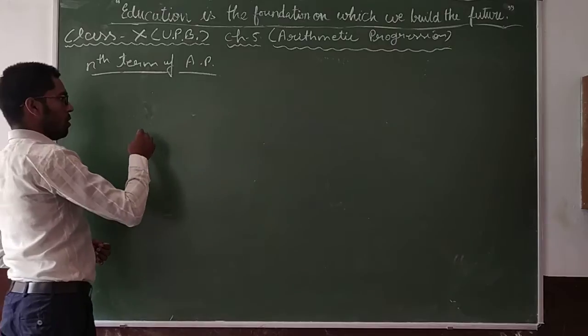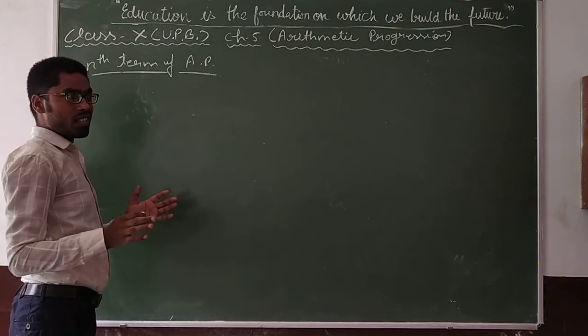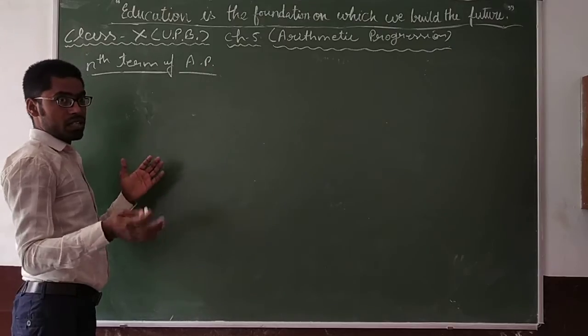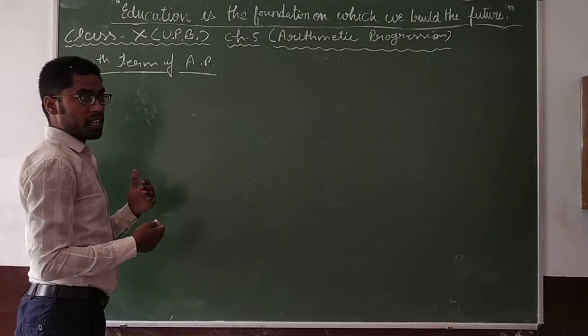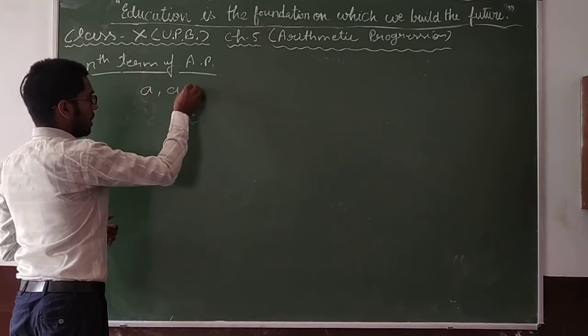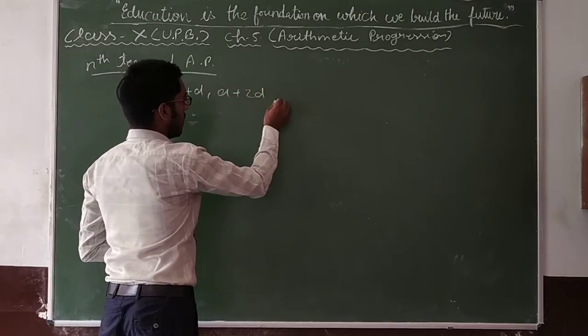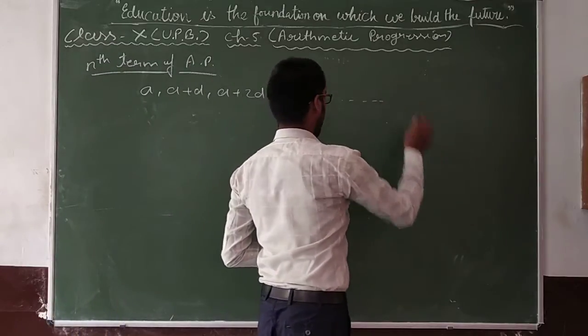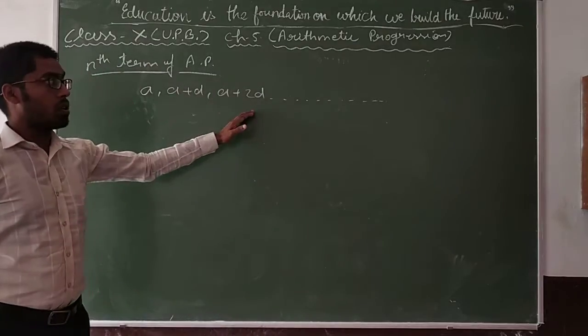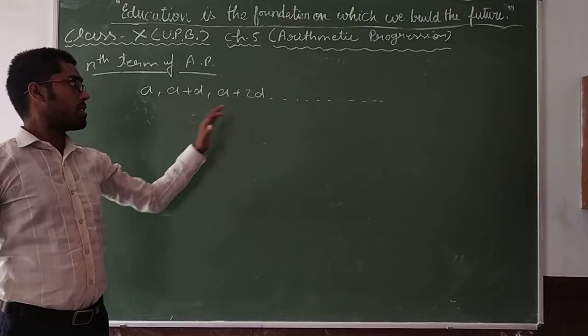But you should know how a series is written, because it was explained in your previous video. The series was a, a plus d, a plus 2d, and so on. This series has infinite terms.